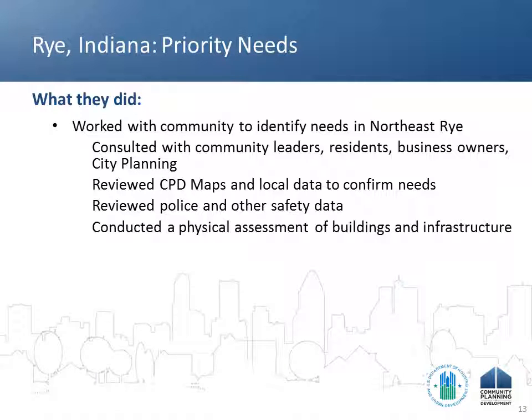Building on the information they gathered at the community meetings, the city used GIS mapping resources as well as CPD maps to complete a demographic, economic, and physical asset analysis of the area. With these tools, the city compared Northeast Rye to the entire city and determined that a considerable number of housing units were old and in poor shape.